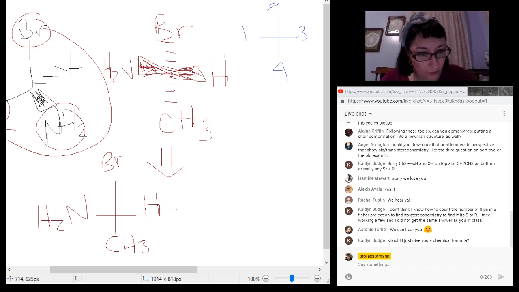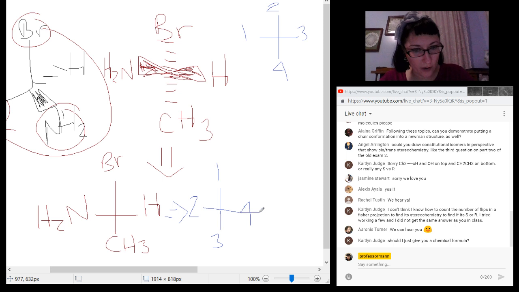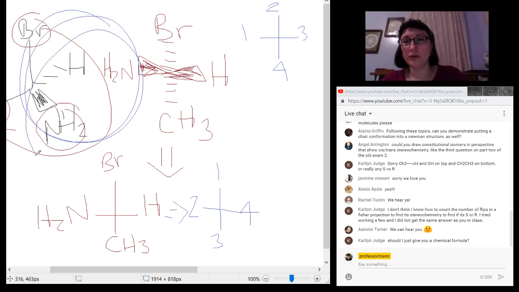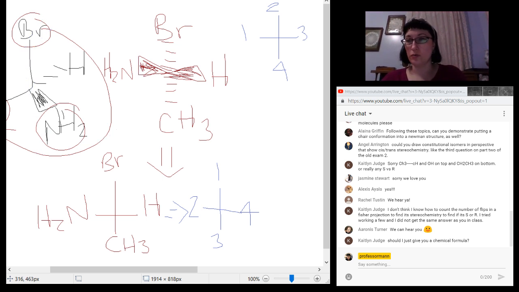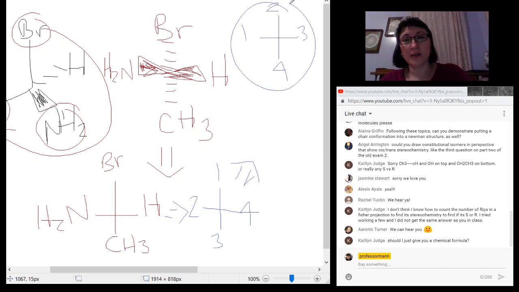What I have is 1, 2, 3, 4. All I did was take the same numbers I used over here to determine R or S, and apply those down here, writing them on top of where I would normally put those groups instead. So I need to flip my 1 and 2 because those are not where they need to be, okay? I'm trying to get to that one up there, right?